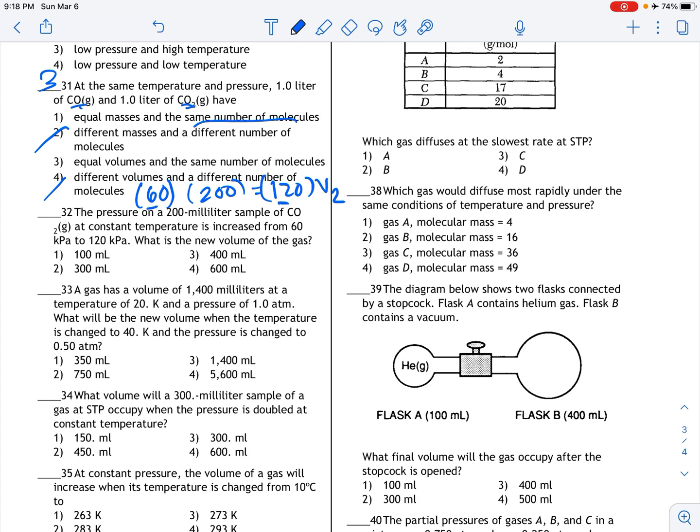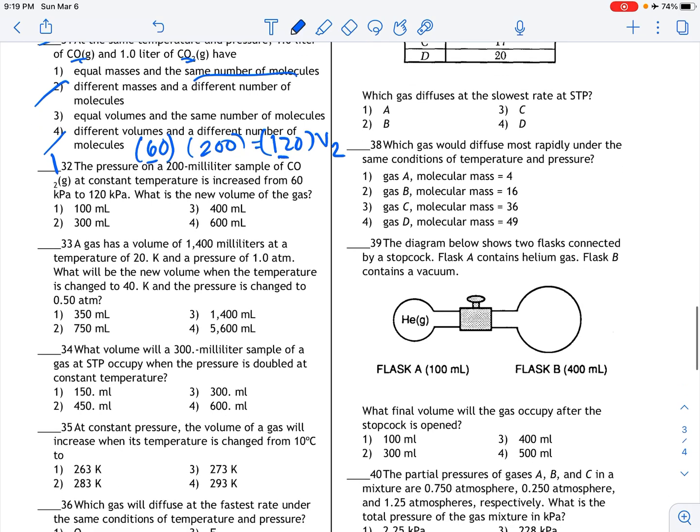The pressure is doubled. So this is an inverse relationship. If the pressure is doubled, the volume is halved. It should be half. I'm guessing it's choice 1. Let's just do it. So 60 times 200 is 12,000 equals 120 times x. So 12,000 divided by 120 is indeed 100. So you can kind of go with your gut here, but calculator always helps.